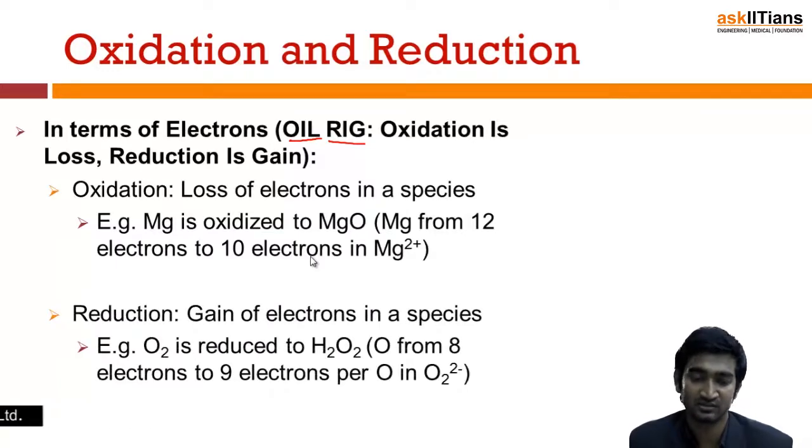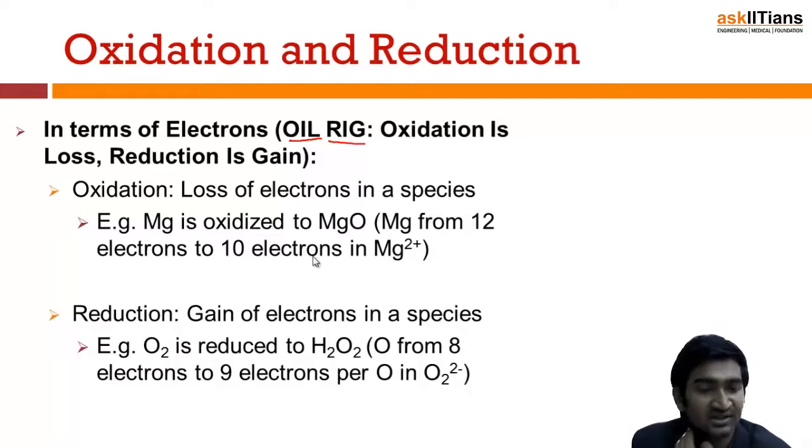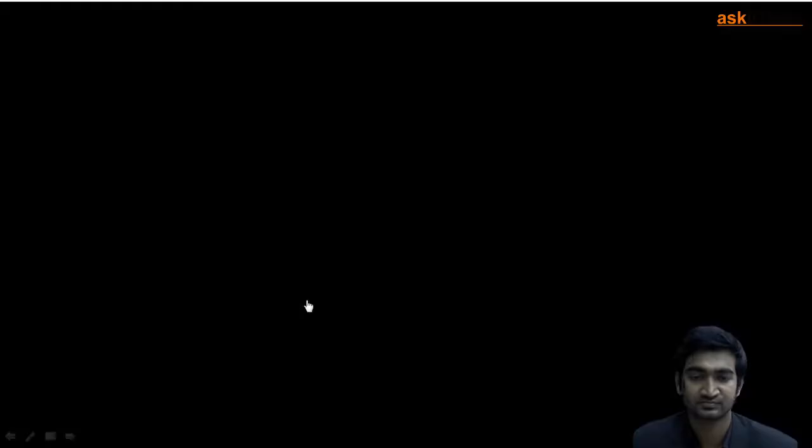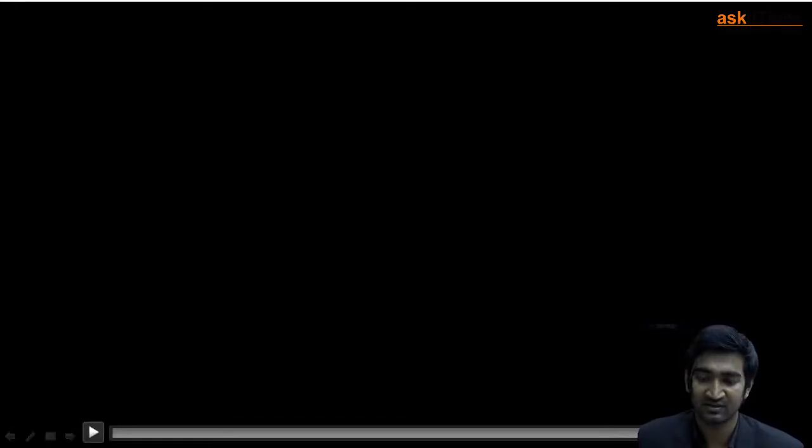Example, the second one which I gave you in the previous slide: O2 is reduced to H2O2, so oxygen goes from 8 electrons to 9. Next I will depict a video of oxidation and reduction, so that you will come to know better by this video.